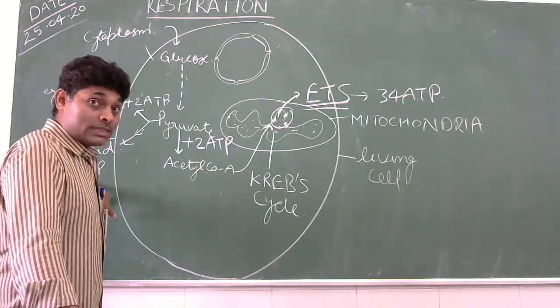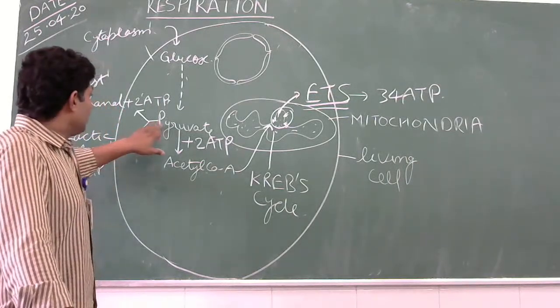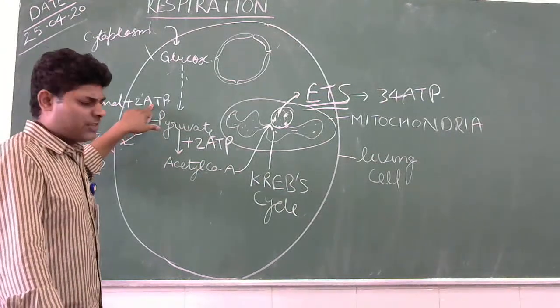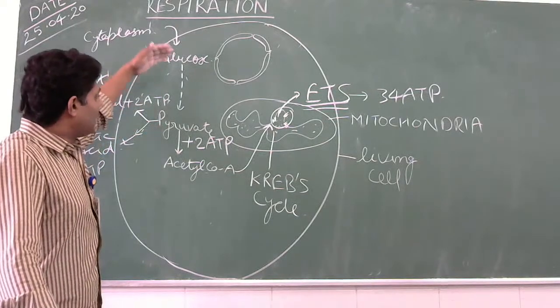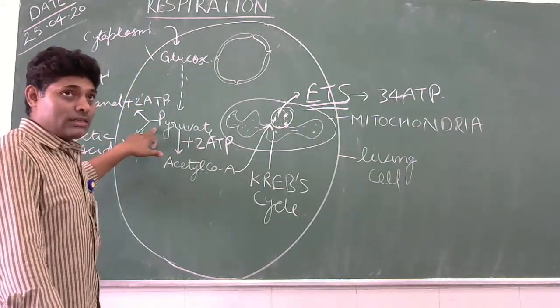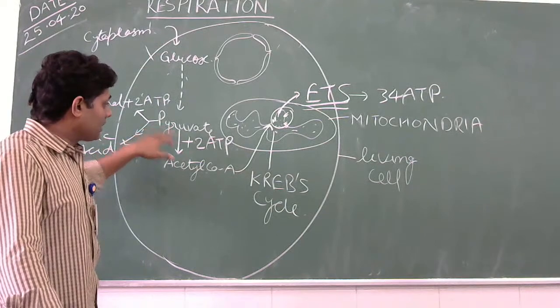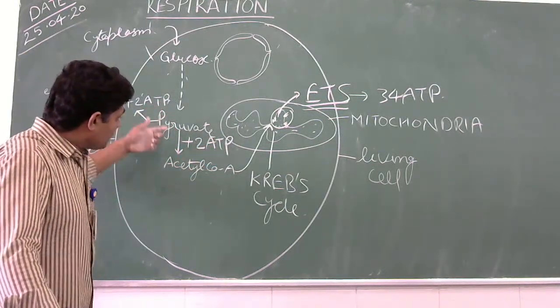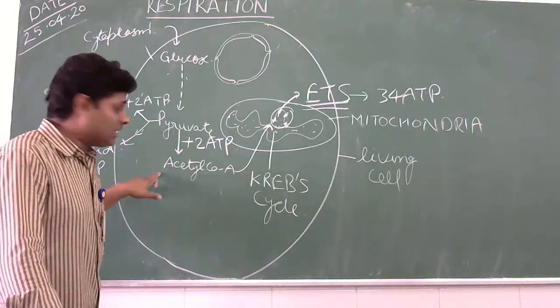In microbes such as yeast, it makes ethanol and 2 ATP form. It is very little energy, and the formation of pyruvate makes 2 ATP. After that, this pyruvate converts into acetyl coenzyme A.